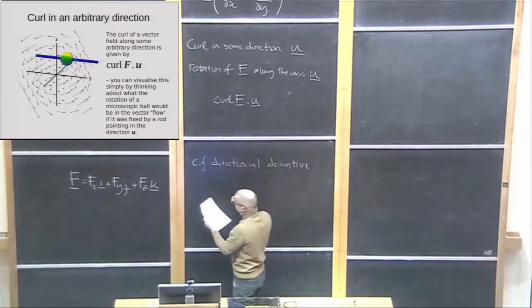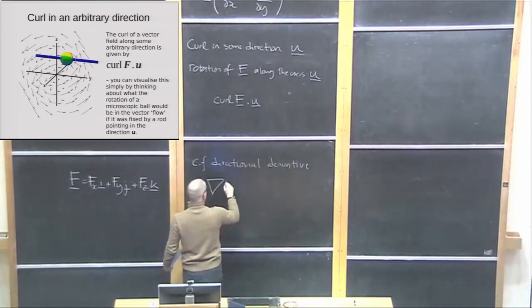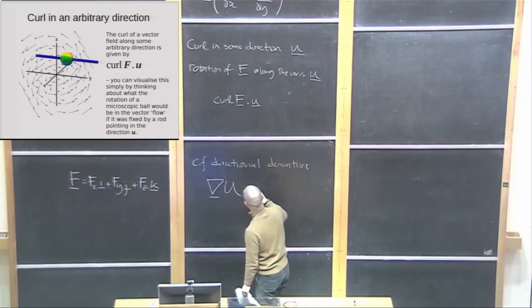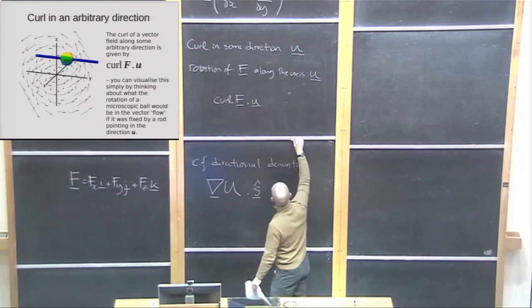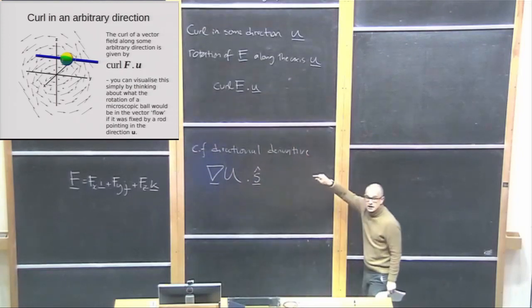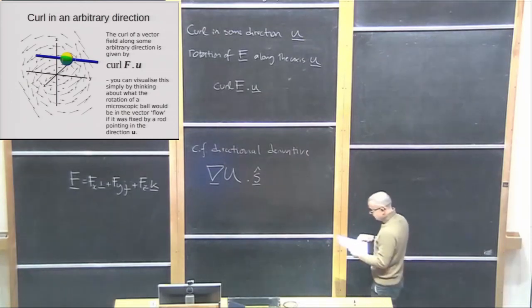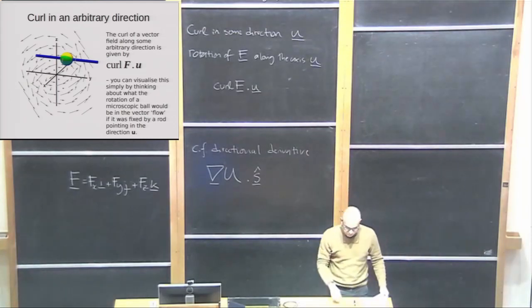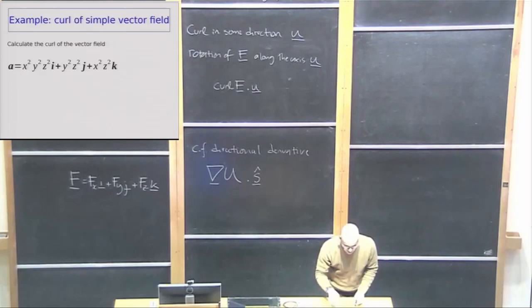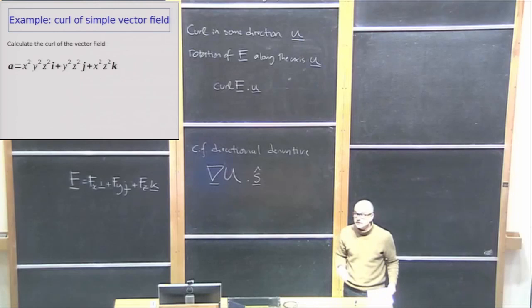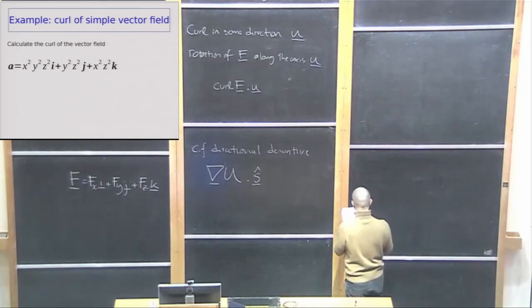So the gradient of some scalar field, the amount by which it changes in a particular direction is the dot product of the gradient with that direction. You'll recall that we did that earlier on. Okay, so let's actually calculate some curls in order to get some better feel for what's going on.